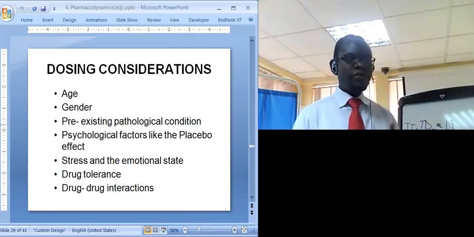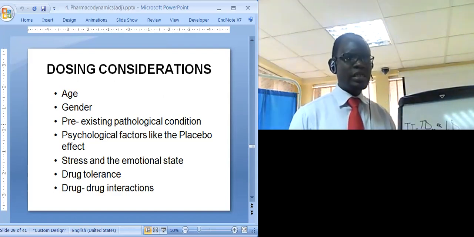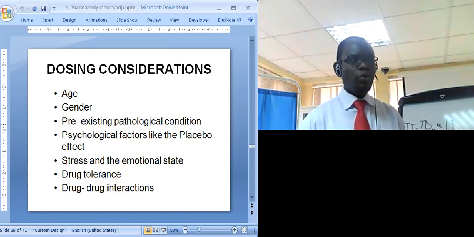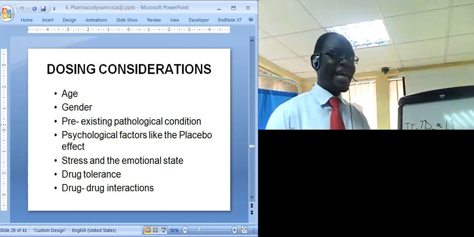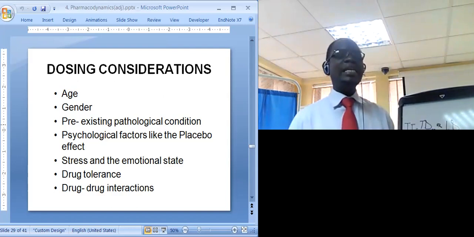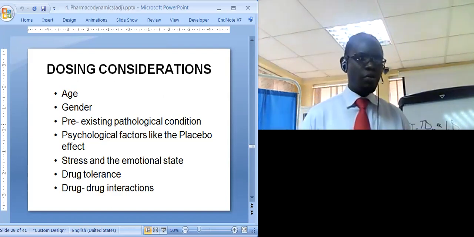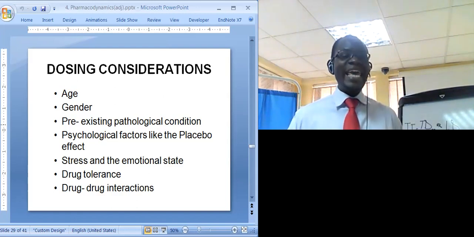Now, one of them and very most important is age. We talked about this earlier when we were talking about issues that have to do with the elderly and the neonates, because livers and kidneys are still growing for the neonates, while for the elderly these things are aged.